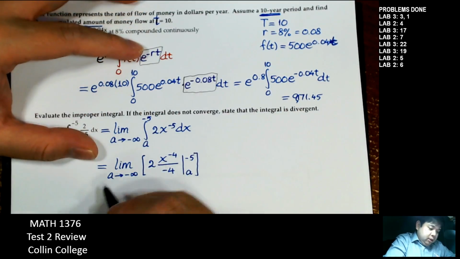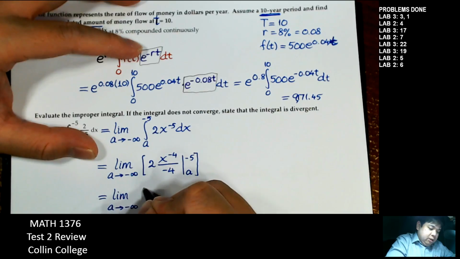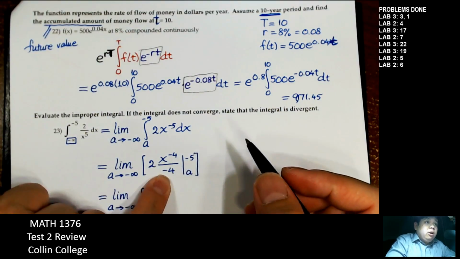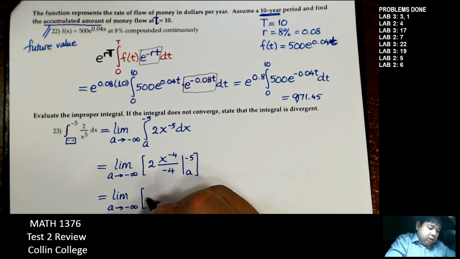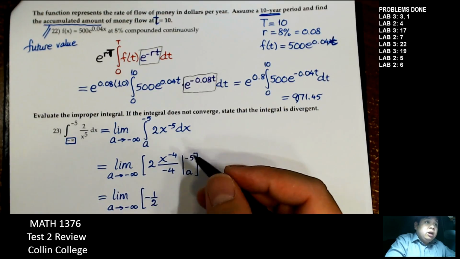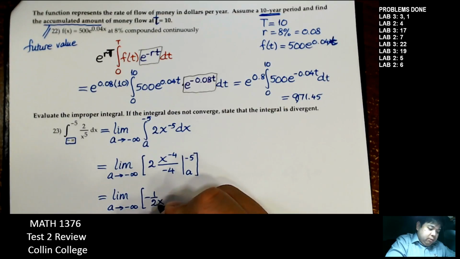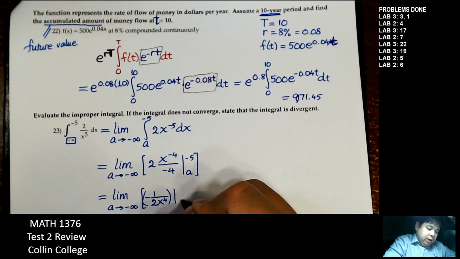Next, we just evaluate the integral. Right, 2 over negative 4 is negative 1/2. And x to the negative 4, we can move that to the bottom. So pretty much that, which goes from a to negative 5.